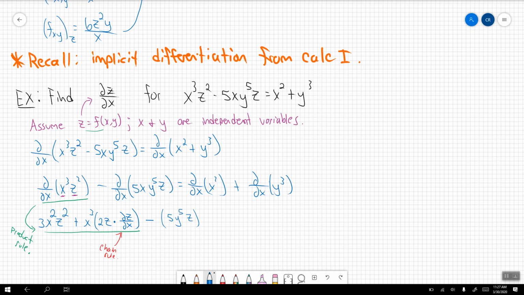Then that's going to be plus, or let's say minus in this case, that way I don't have to carry the minus again. So minus the first function, which is 5xy to the 5th, multiplied by the derivative of the second function. The derivative of the second function is just partial of z with respect to x. There we are. All right. So this part here was this part here, and again we used the product rule.